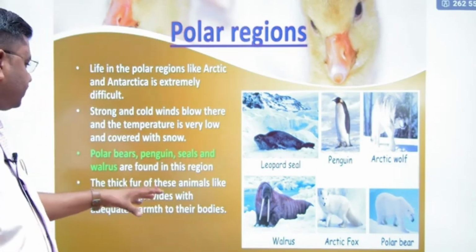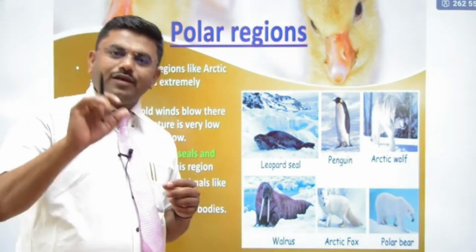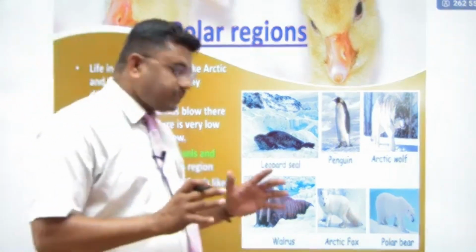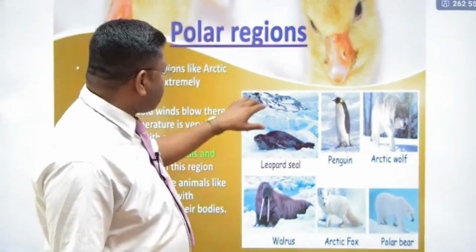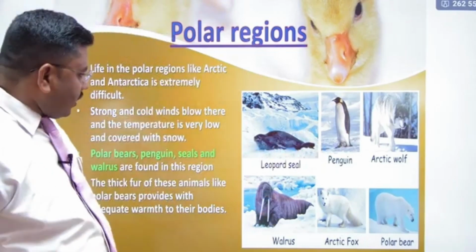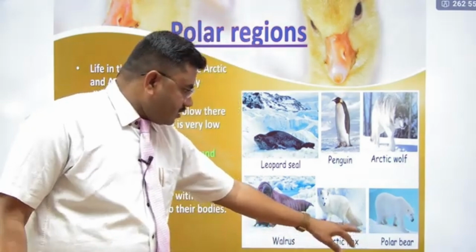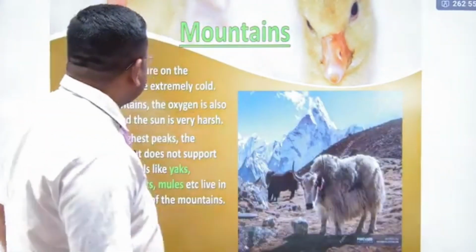The thick fur and long hairs of animals like polar bears provide adequate warmth to their bodies. Some examples of polar animals are leopard seal, penguin, Arctic wolf, walrus, Arctic fox and bears.